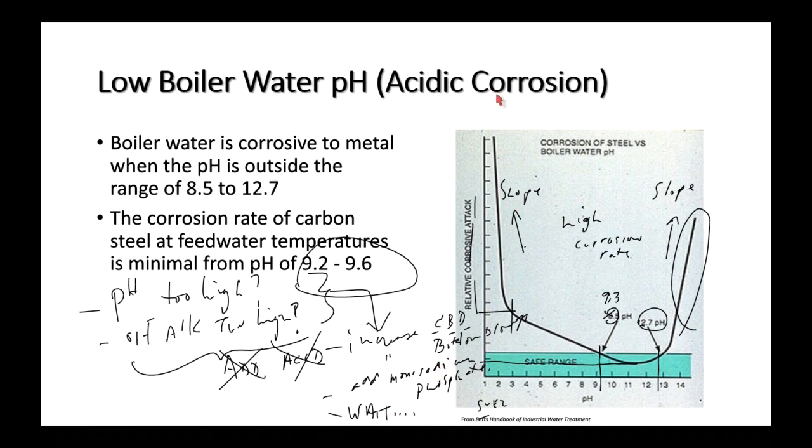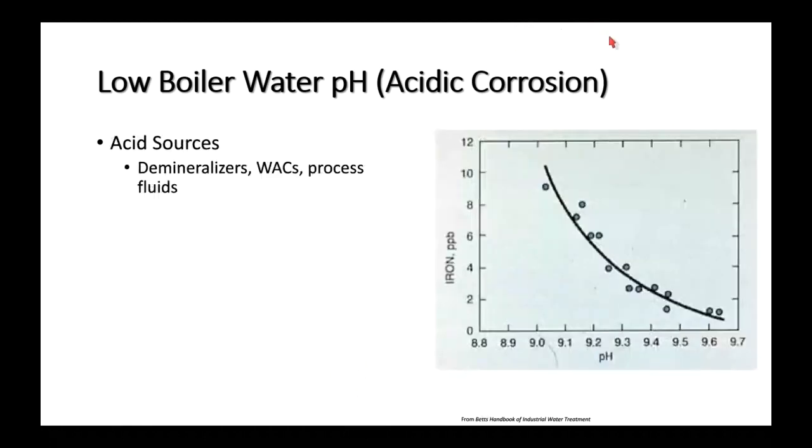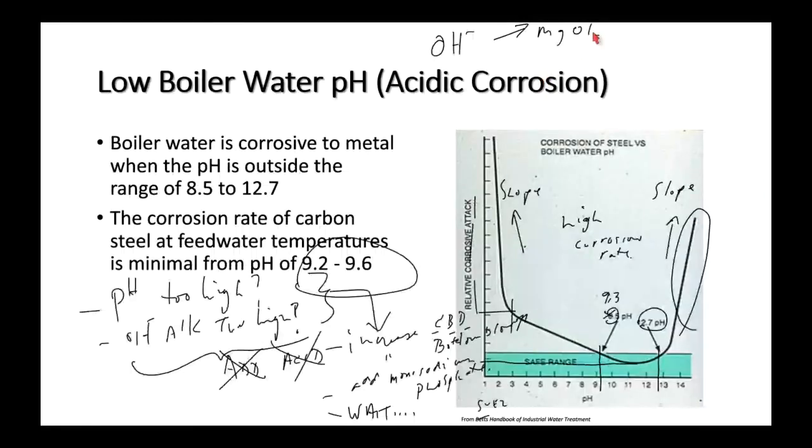So here's what waiting is going to do. Any excess hydroxide that we have in the boiler is going to combine with hardness leakage, and it's going to form magnesium hydroxide. I'm too close to the top of the screen here, so it's switching pages on me. So OH will be consumed. It's going to form magnesium hydroxide, or it's going to form hydroxyapatite.